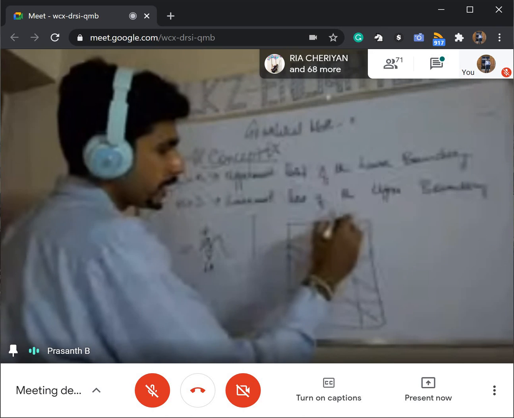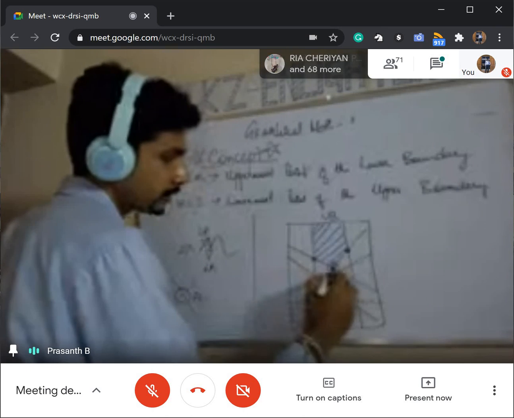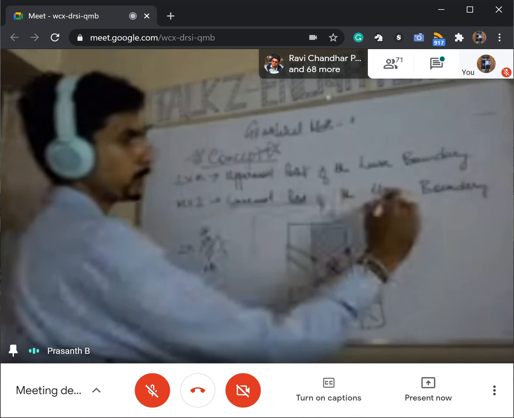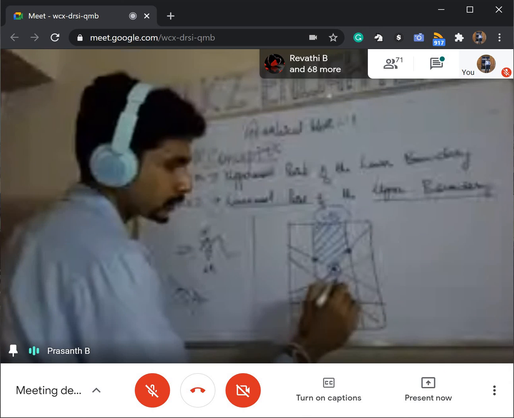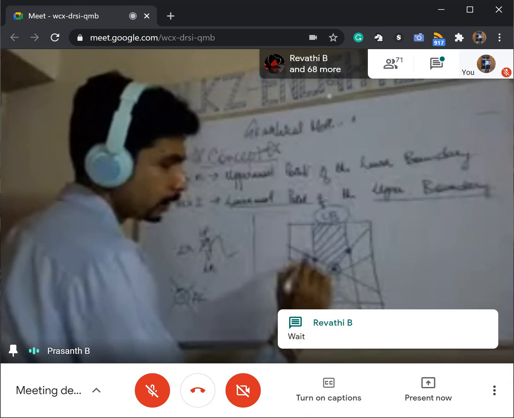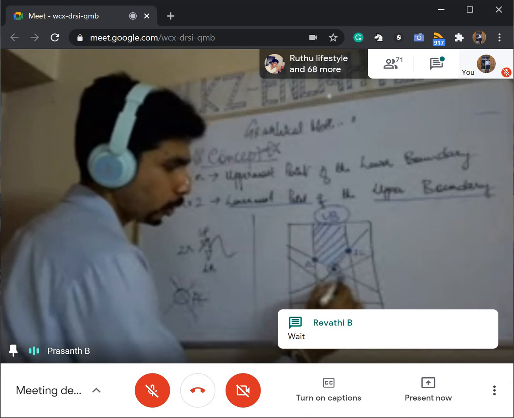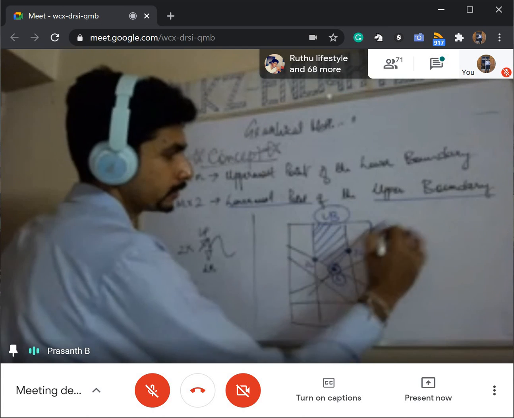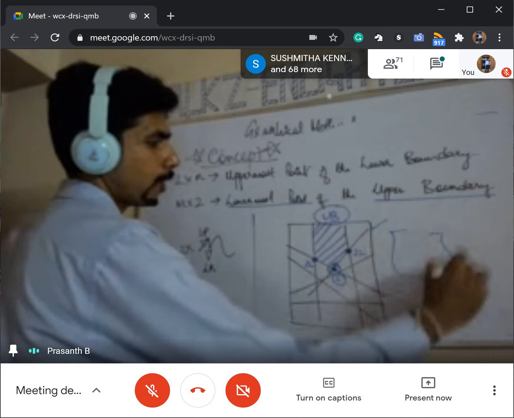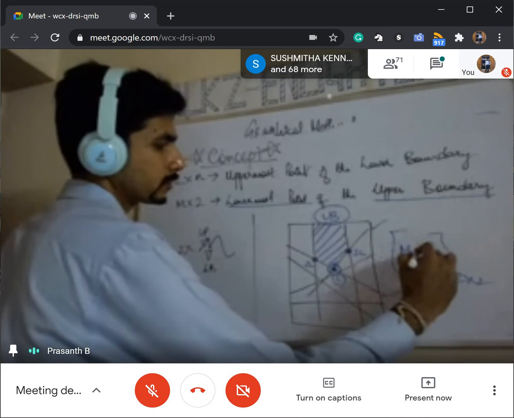So this is the upper boundary. Lowermost point, see, that's what he says. Lowermost point of the upper. So this is the uppermost boundary. So this is the first lowest. This is the second lowest. This is the third lowest. So lowest, this one. So you're going to take this line and this line, and then you will form the 2 cross 2 matrix.